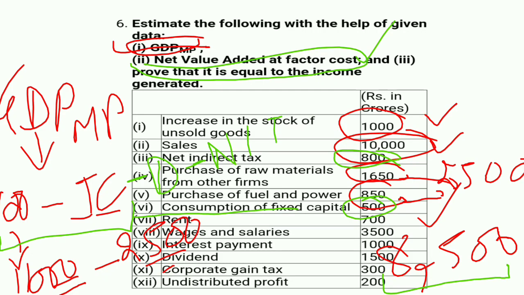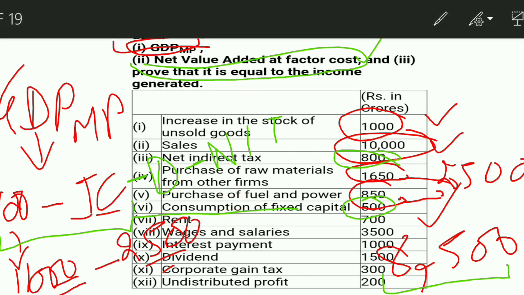Alright, so is that clear? It is equal to 7,200 crore, and how we did it, I hope that this is clear to you. Now coming to the last part, they are saying prove that it is equal to the income generated. So our net value added at factor cost was 7,200 crore, right?